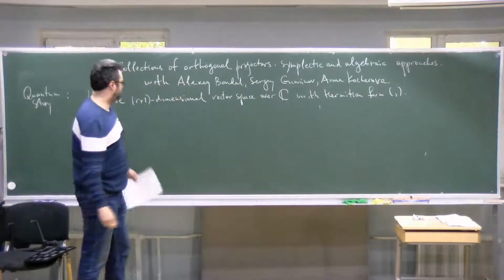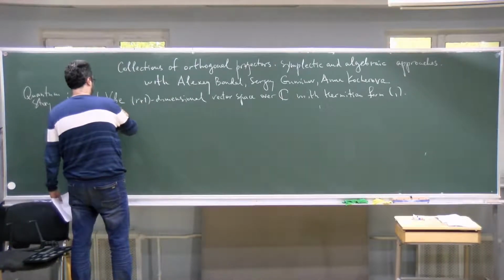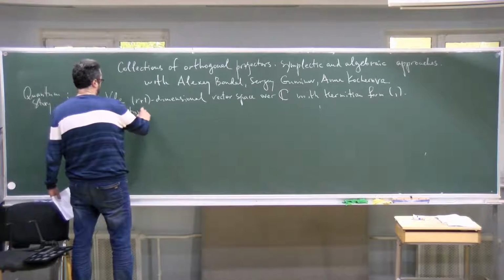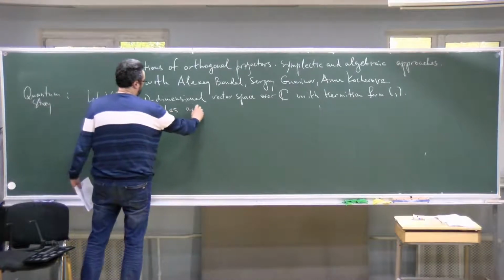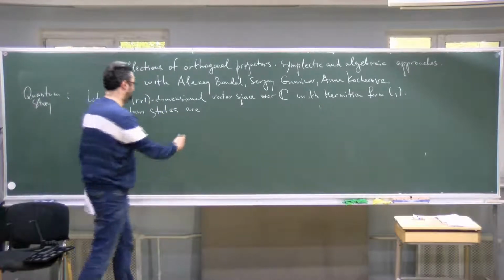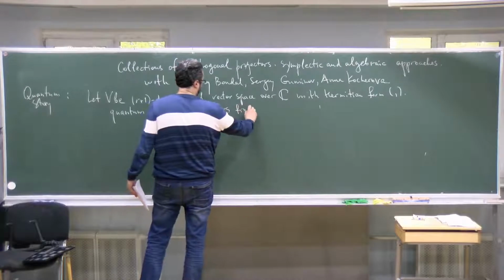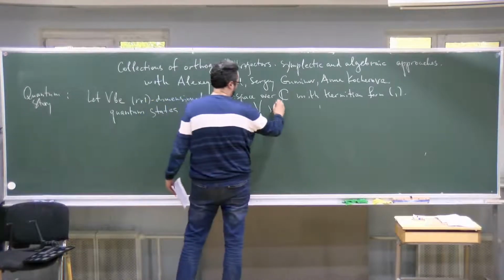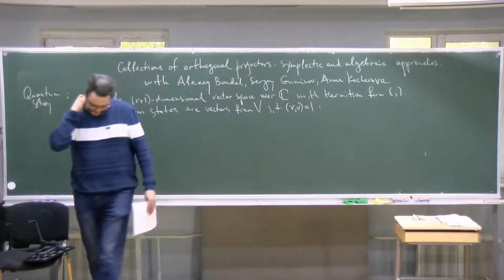It is well known that quantum states are vectors from V of norm 1.